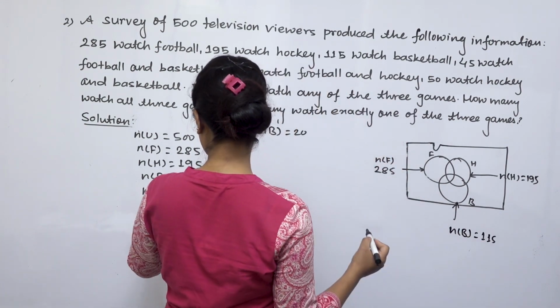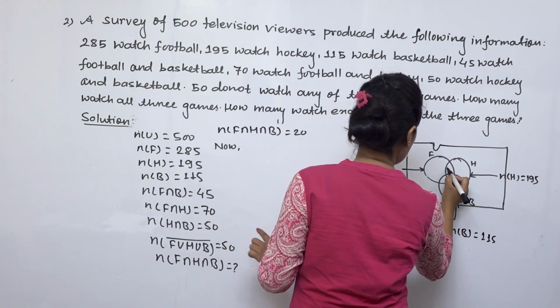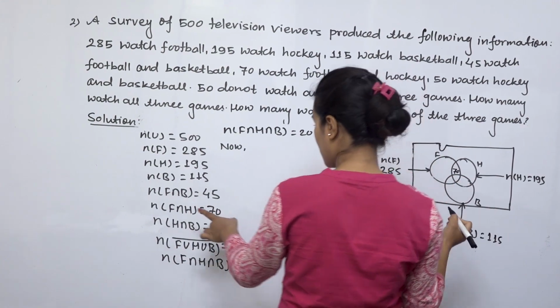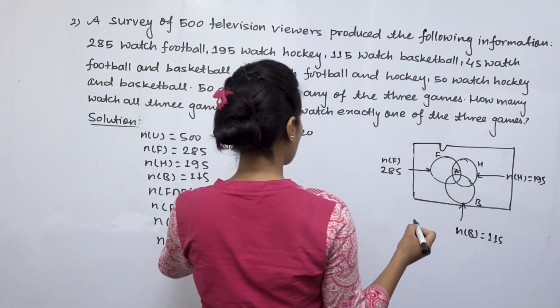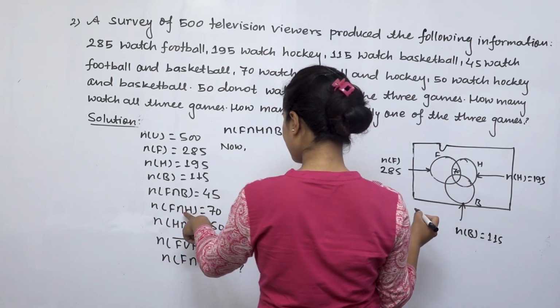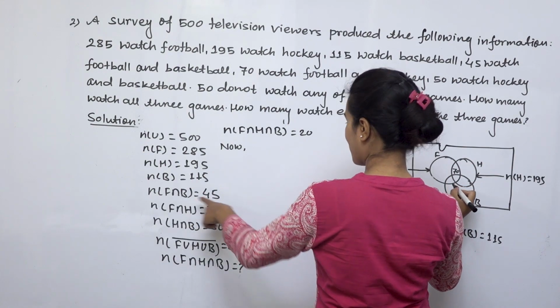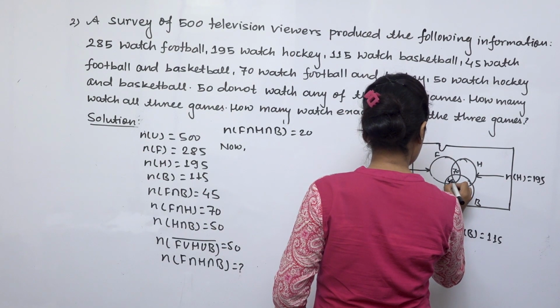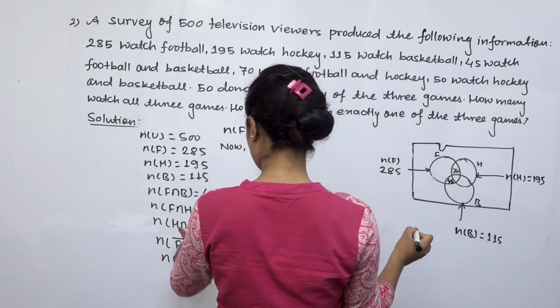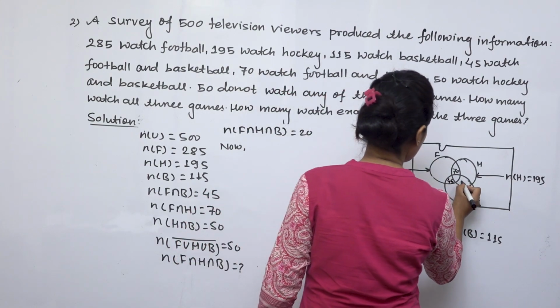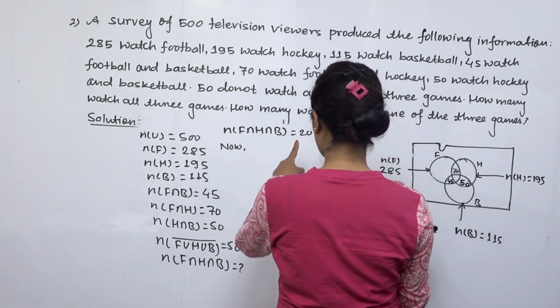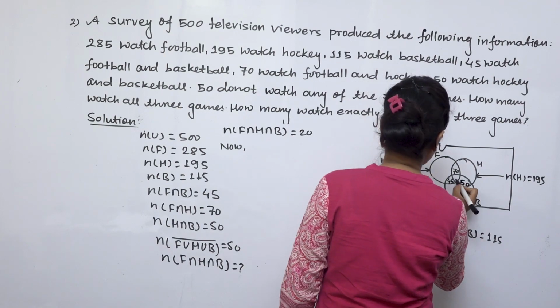Similarly, F intersection H we have 70, F intersection B is 45, intersection of B and H is 50, and the intersection of all three, which we just found, is 20.